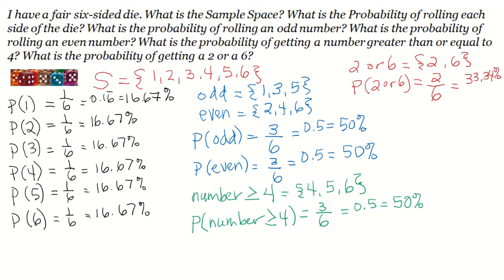An event is just going to be like a subdivision or a specific type of outcome that we're looking for. And to find the probability that it's going to occur in our experiment, we're going to take the number of possible outcomes of that event and divide it by the total number of possible outcomes in our entire experiment, or the number of outcomes of the sample space. So that should cover everything you need to know.